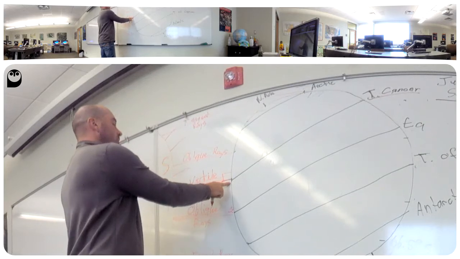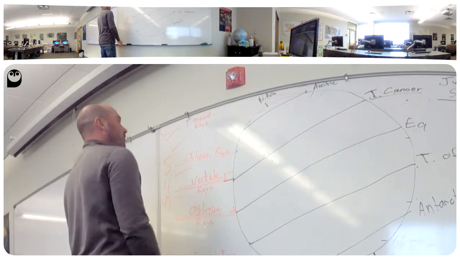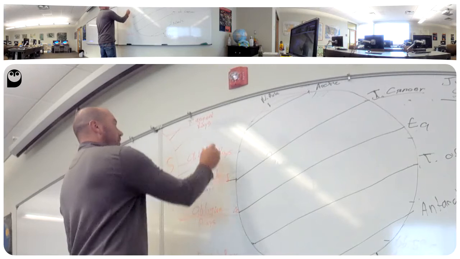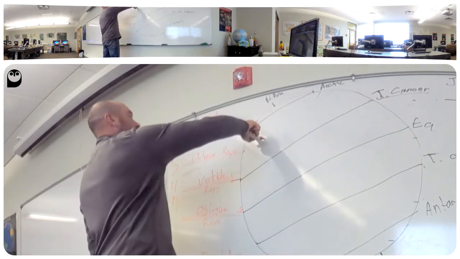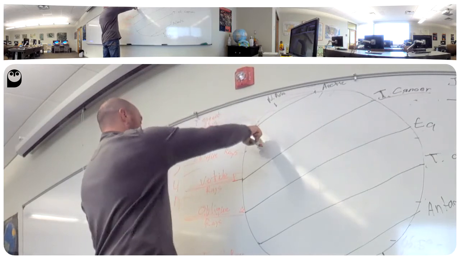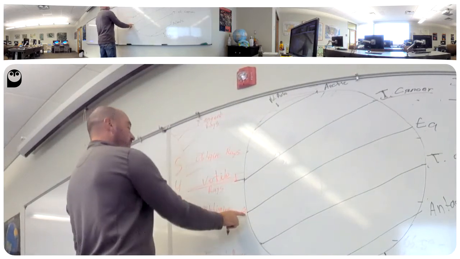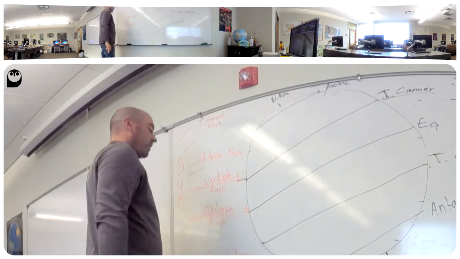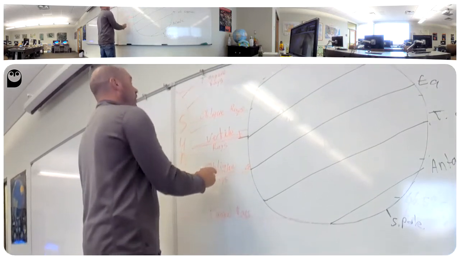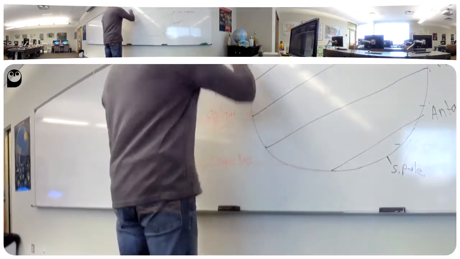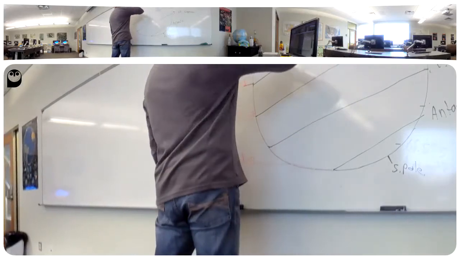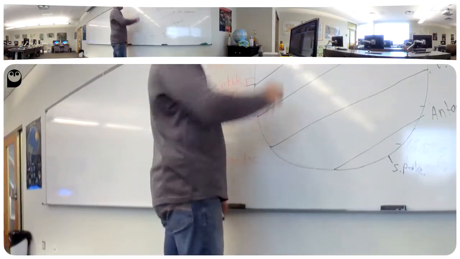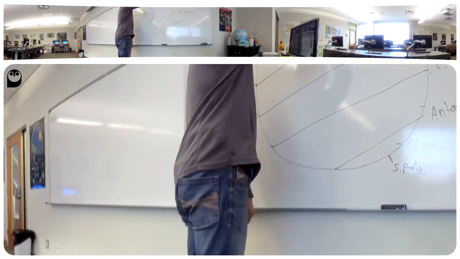Okay. Where are oblique rays? Oblique rays are hitting the equator now. Okay. Where are our tangent rays? Our tangent rays are now on the back side of the Arctic Circle.